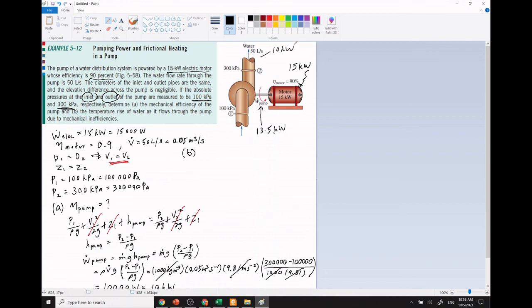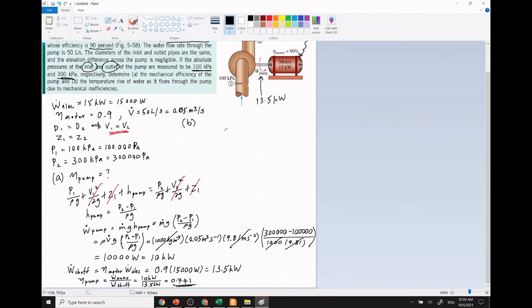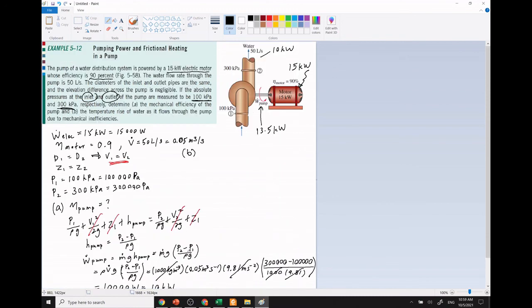So there is a loss from electricity to the shaft of 10%, and from the shaft to the water we lost another portion of energy, about 26%.